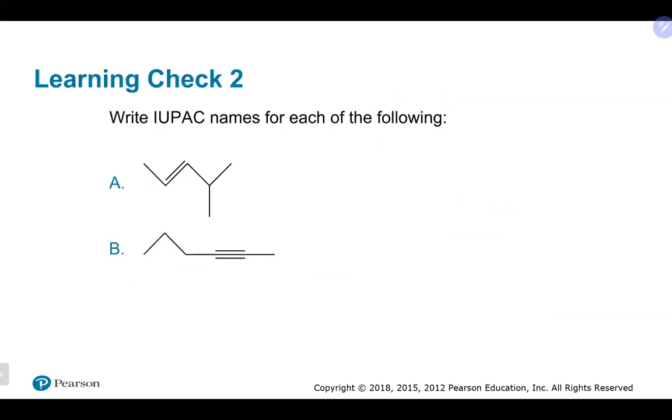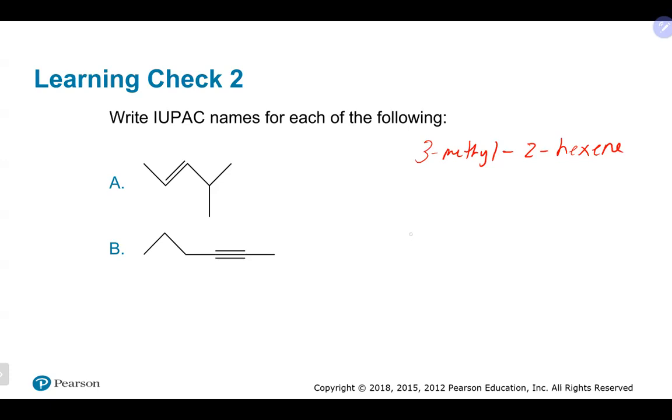Okay. So why don't we try some here? So why don't you give the names for each of these, and why don't we also do some that we draw? Let's do 3-methyl 2-hexene. Let's also do something.